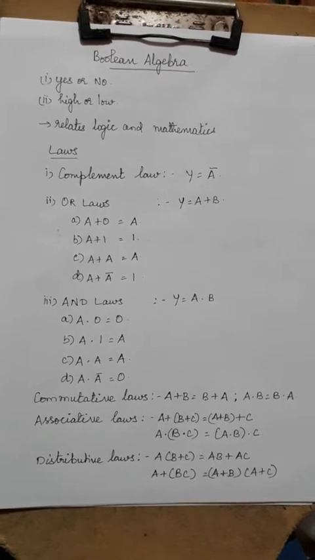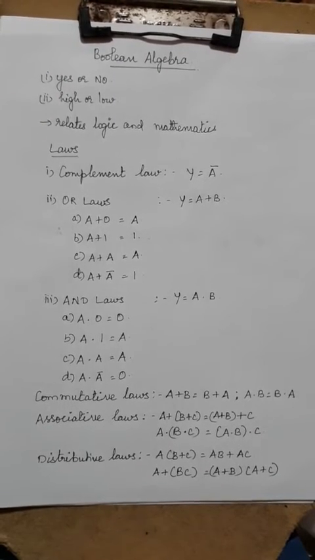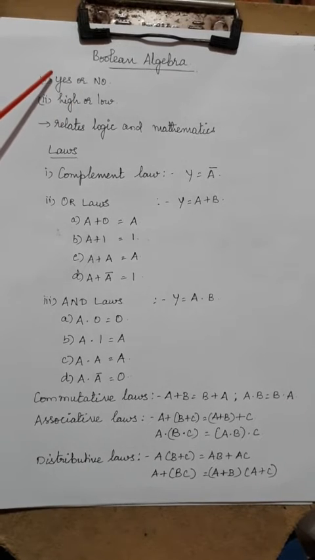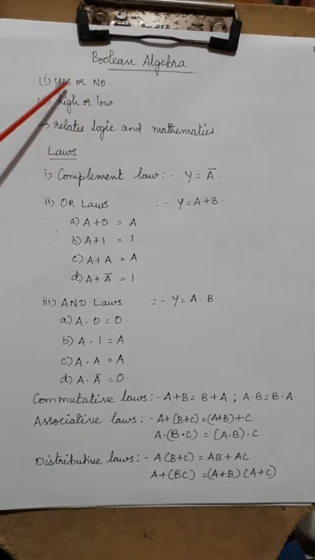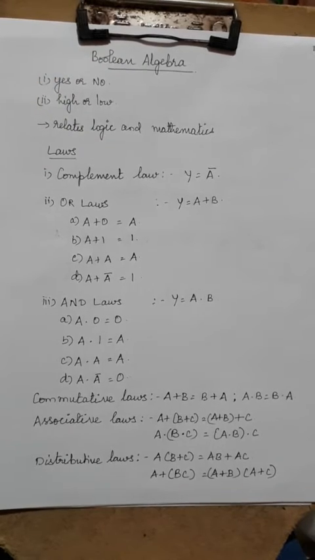So here there are certain rules which it follows. In certain conditions, if after computation it has to give you an answer as yes or no, in those conditions we started using Boolean algebra.